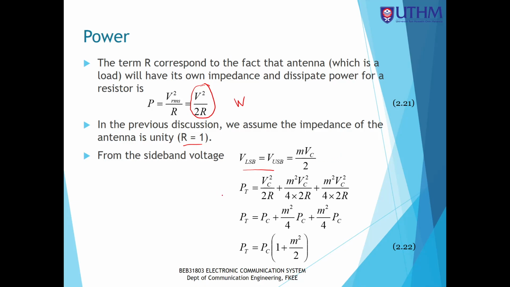And the way we want to calculate the total power, this is the total power for double sideband full carrier. First of all, you need to know the complete AM equation.